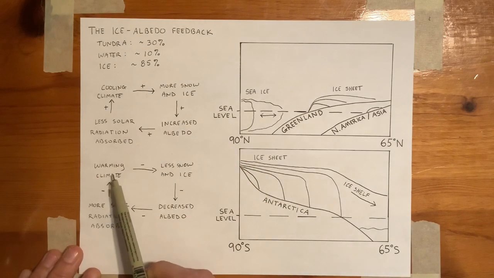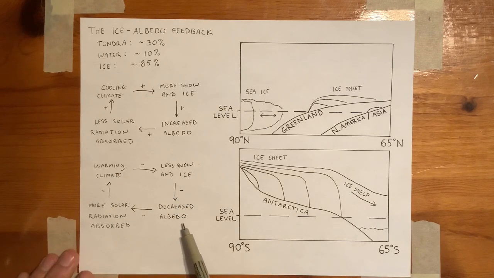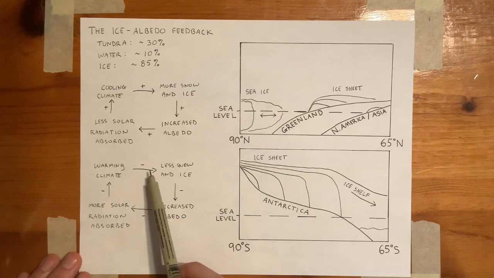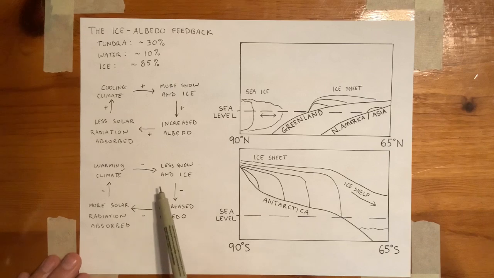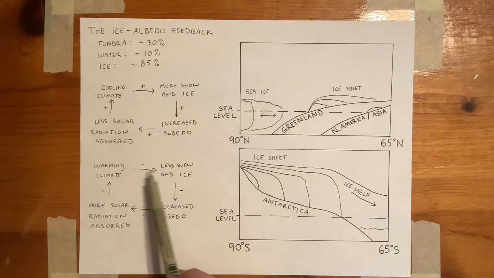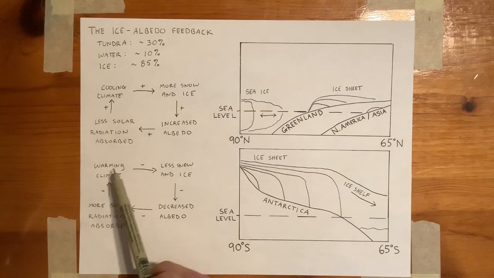So a warming climate would cause less snow and ice, which would decrease the albedo at the poles, cause the poles to absorb more solar radiation and continue the warming trend, right? So even though in this case, this feedback is kind of decreasing the volume of ice, we would still consider this a positive feedback because the overall effect is that each process amplifies the next one.